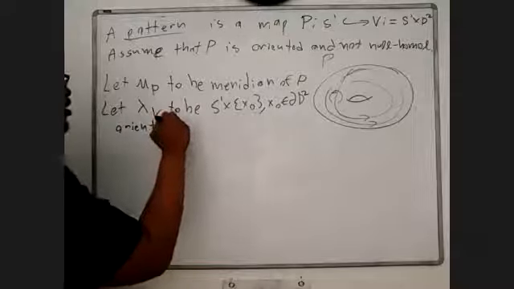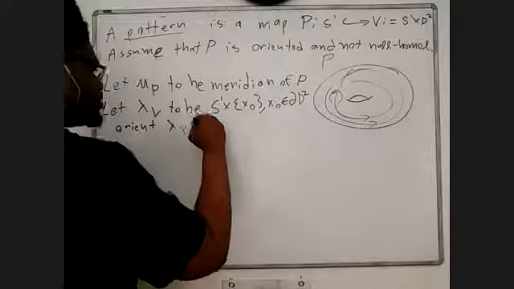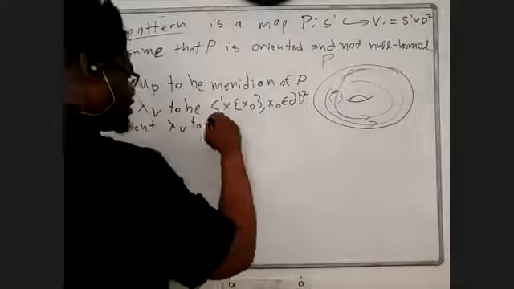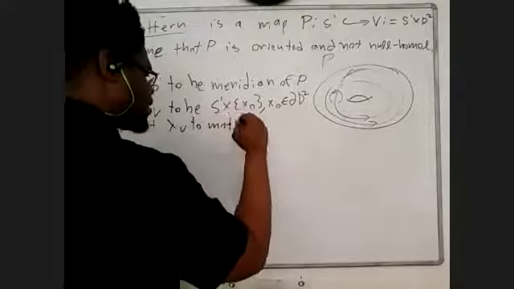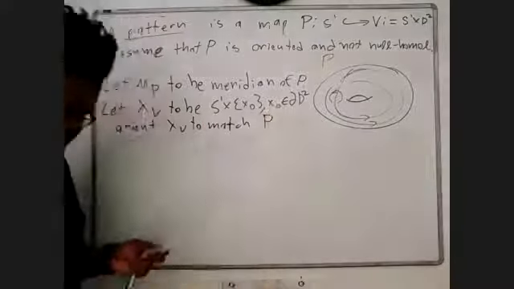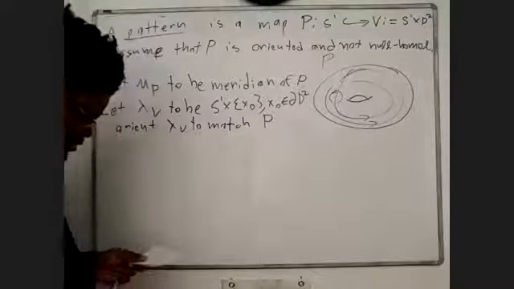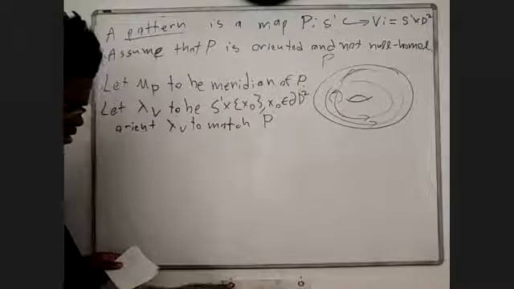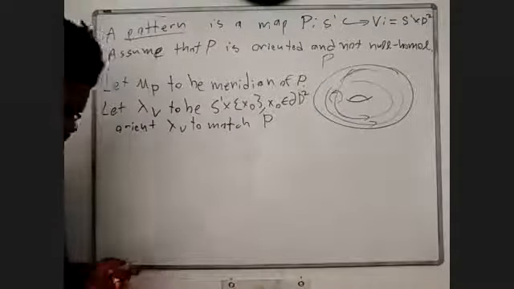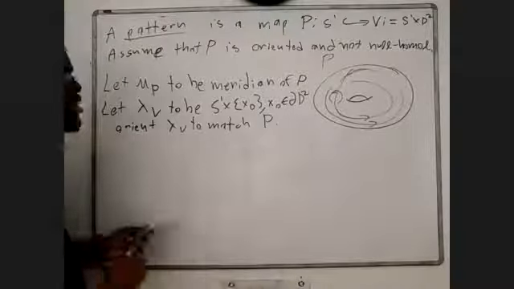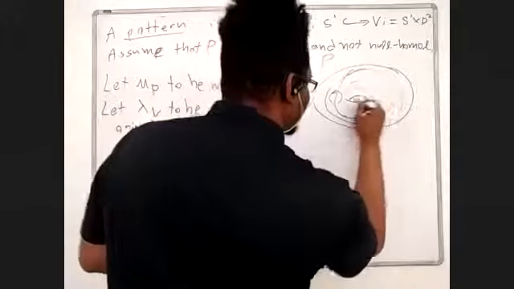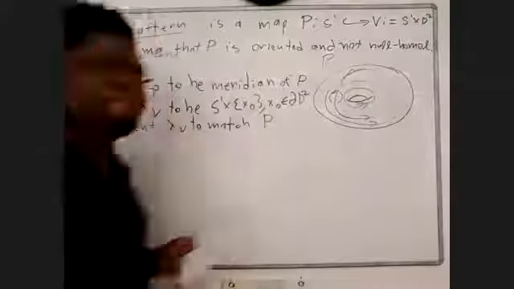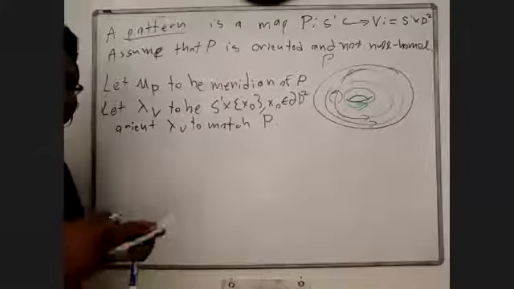And we're going to orient our longitude to match our pattern. So in this picture, let's say that it is this curve right here in the middle. Can you see that? All right, good.